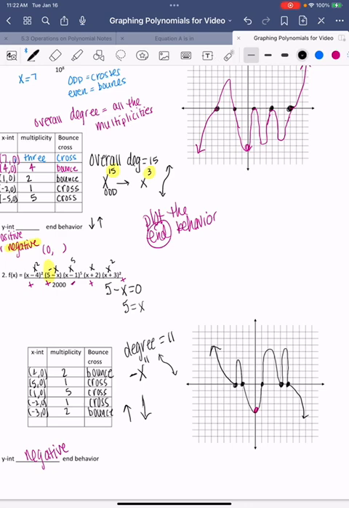Okay, so a little synopsis of end behavior, which is probably the hardest thing. X squared, parabola, up, up. So 2 is an even number. So anything with an even degree, where A, the number in front of the squared term, is positive.